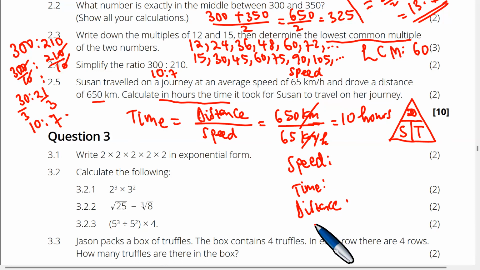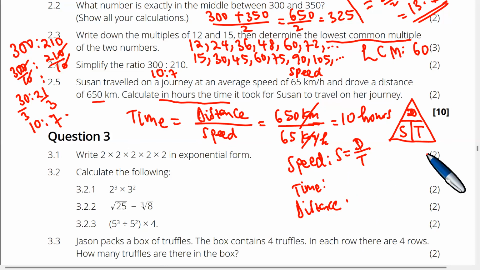What is the formula for speed from the triangle? When you want speed, this is speed. So speed equals distance over time.